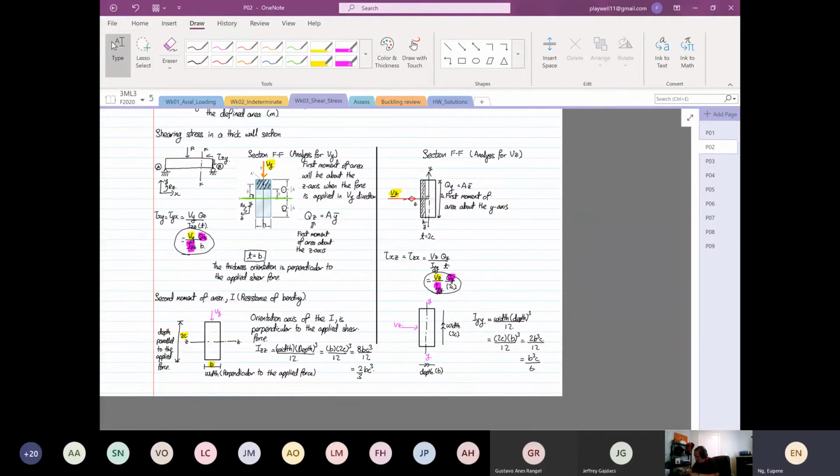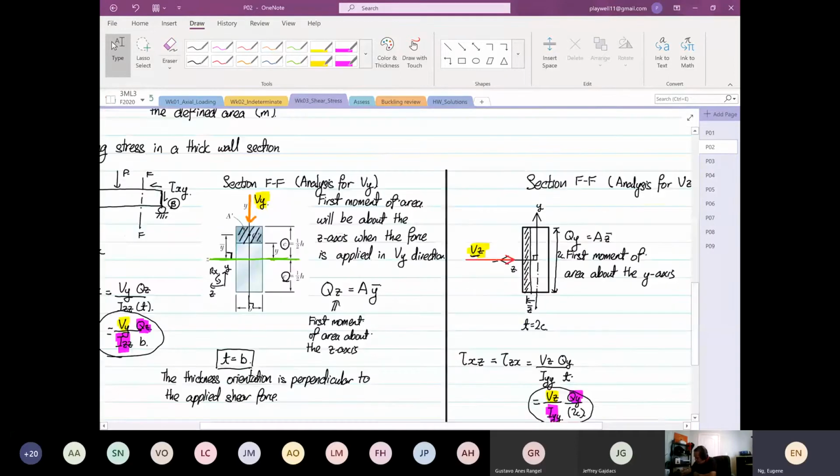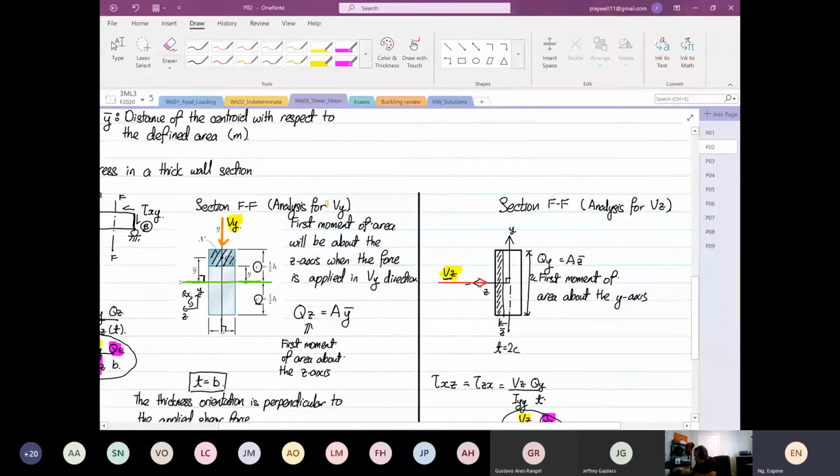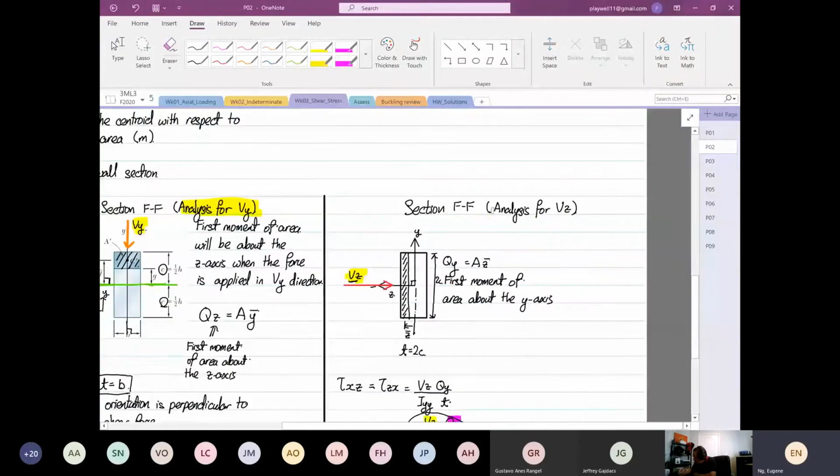That's why on the left-hand side, what did I highlight? Analysis for VY. On the right-hand side is analysis for VZ.